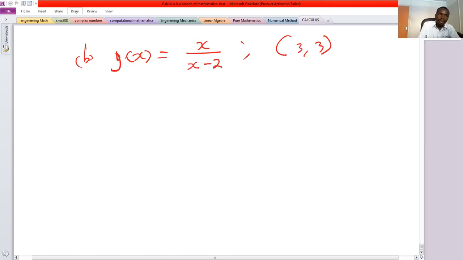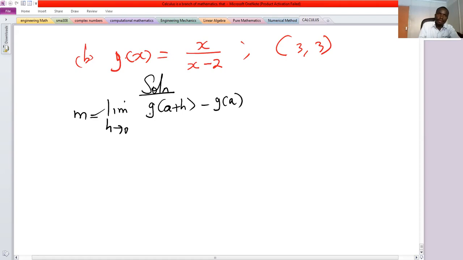As usual, define the slope. So slope is the limit as h approaches 0. Because this function is g, it will be g of a plus h minus g of a, divided by h.